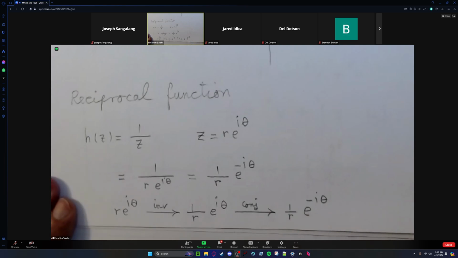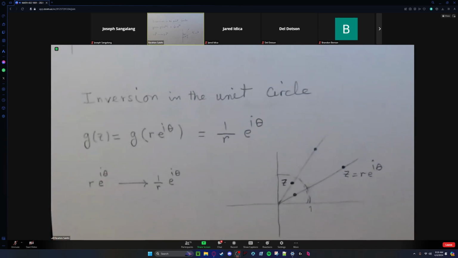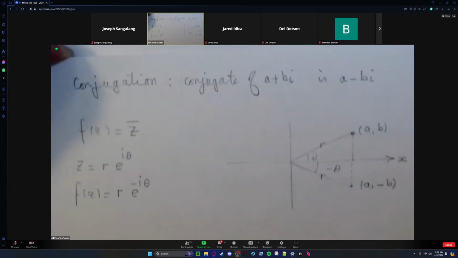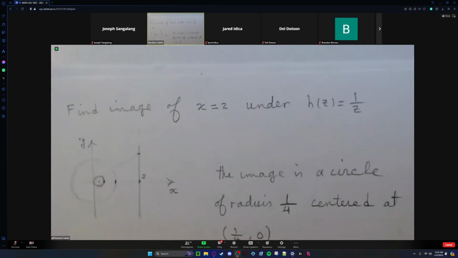All right, so I'm trying to make things very simple for you. So the reciprocal function, the function 1 over z, is a composition of two motions, right? Two motions.